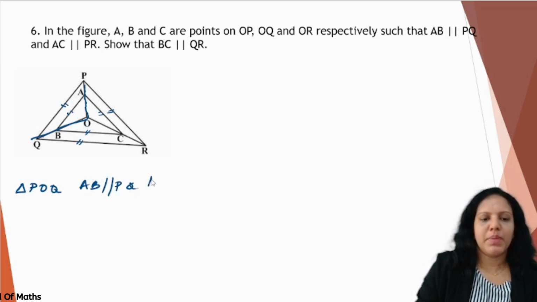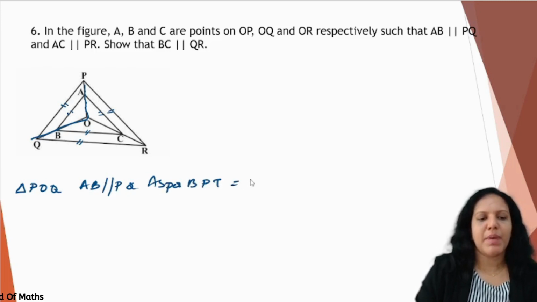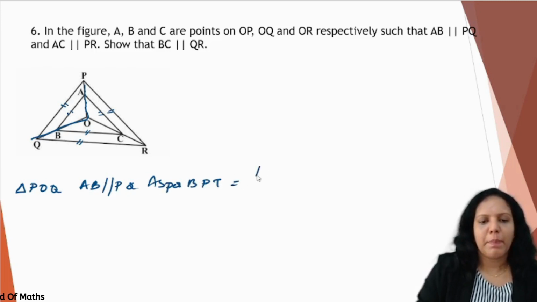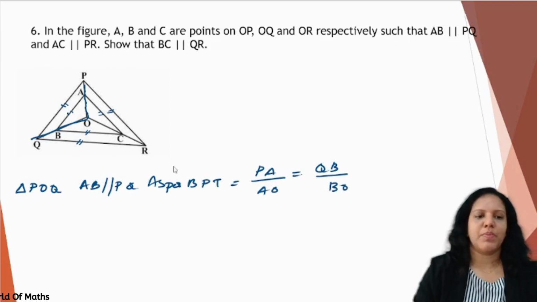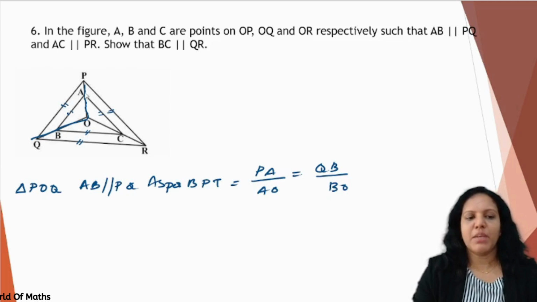So as per BPT, the basic proportionality theorem, we can say if AB is parallel to PQ, then PA by AO is equal to QB by BO. Correct? QB by BO.